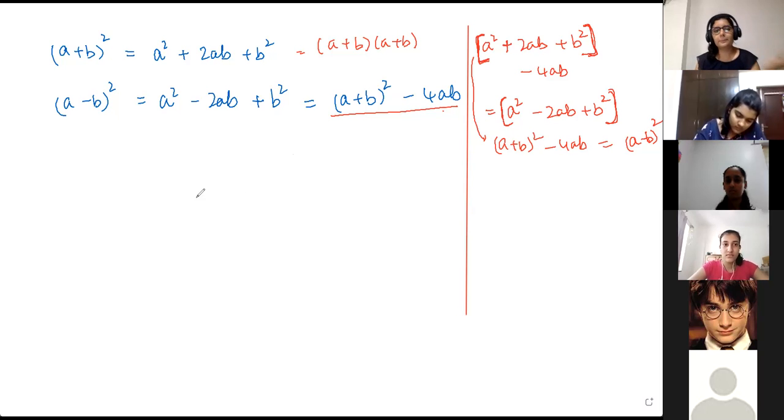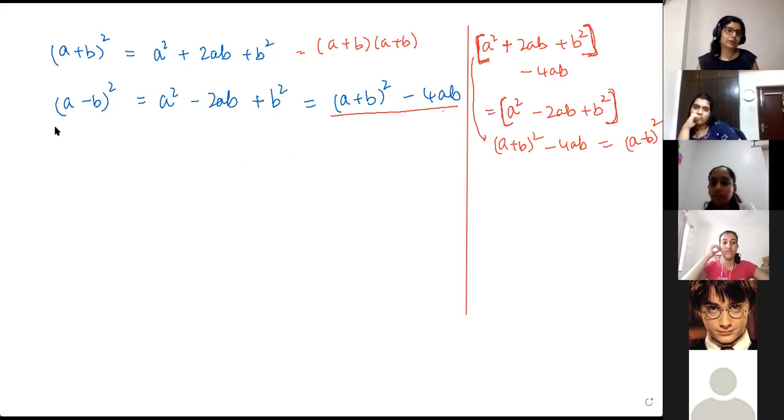In some problems you'll use direct expansion, like of the form 100 minus 5 the whole square, if you want to figure out 95 squared. In other cases the given problem will be in this format: you know what a plus b square is, and you need to find a minus b. Then you can use this format to get the relation between both. It's good to be aware of it because you'll use it in different ways.